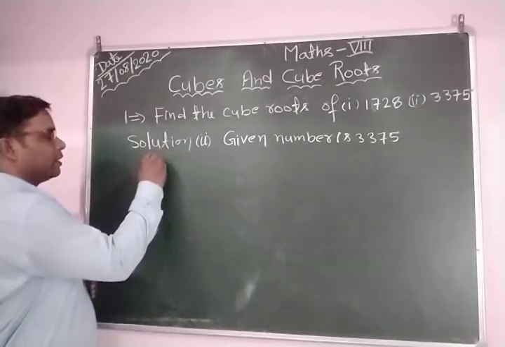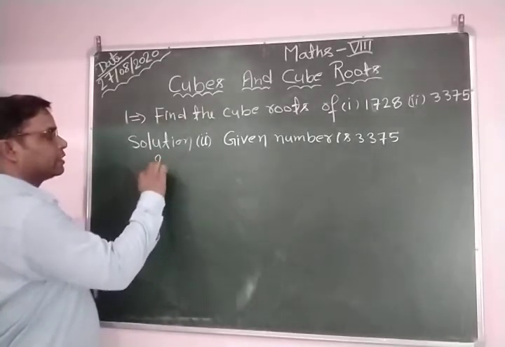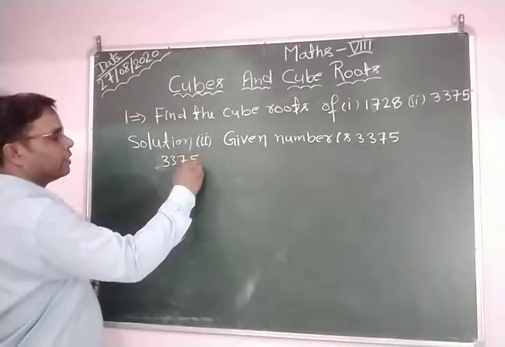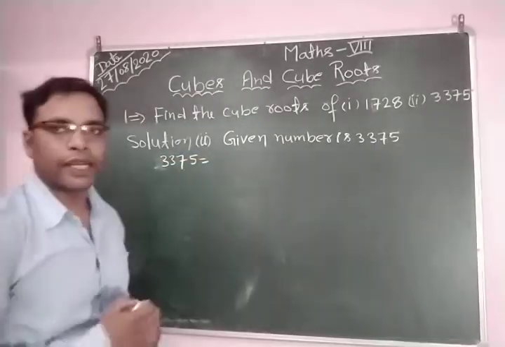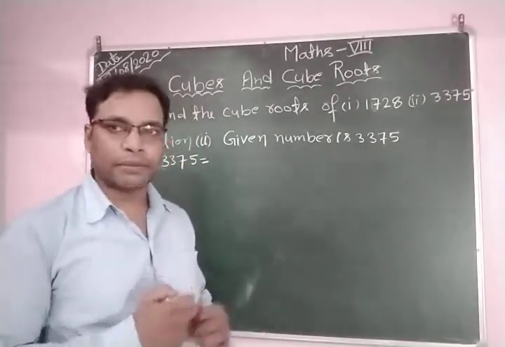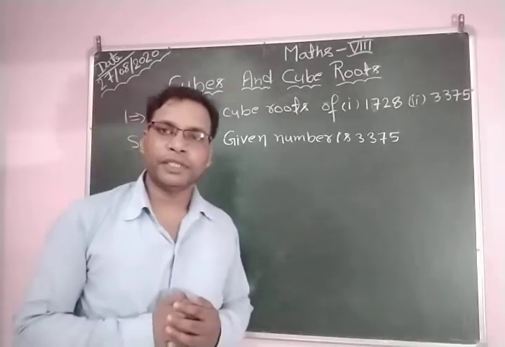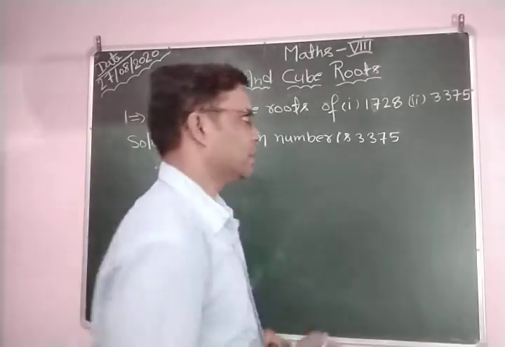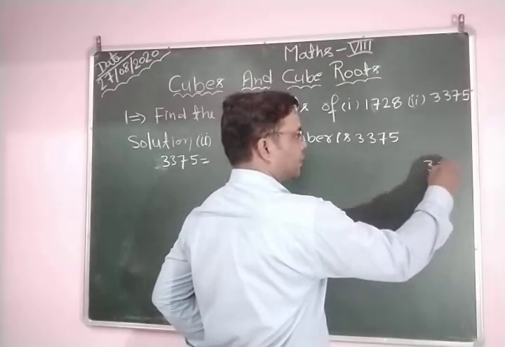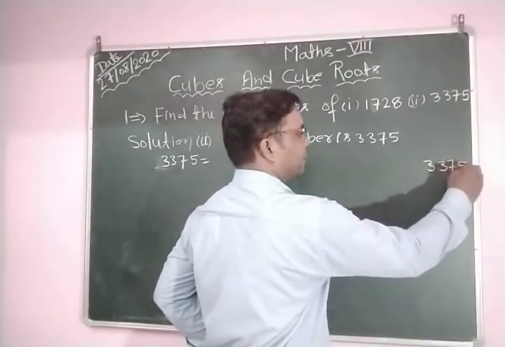How can we express it? For this, first we find the prime factors of the given number. We use the prime factorization method. This is the given number, 3375.